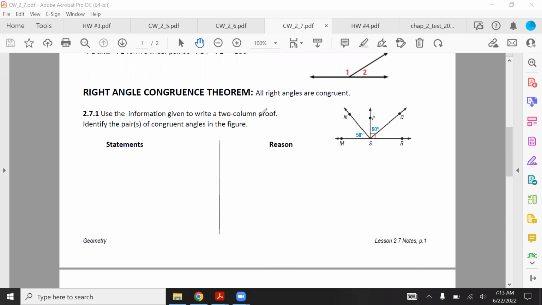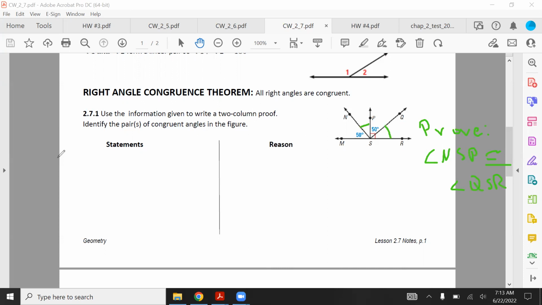Yeah, it's kind of a lame question, but I think you have to be told what you have to prove. I'll always tell you that. Don't worry about it. You want to prove the angle NSP is congruent to angle QSR. So you want to be able to prove that those are the same.